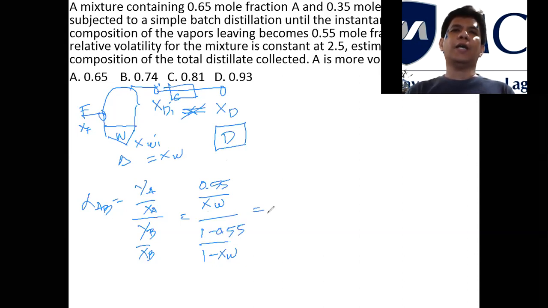So, since alpha AB is equals to 2.5, diba? 2.5 tapos 0.55. You can actually at this point solve for XW or XB.